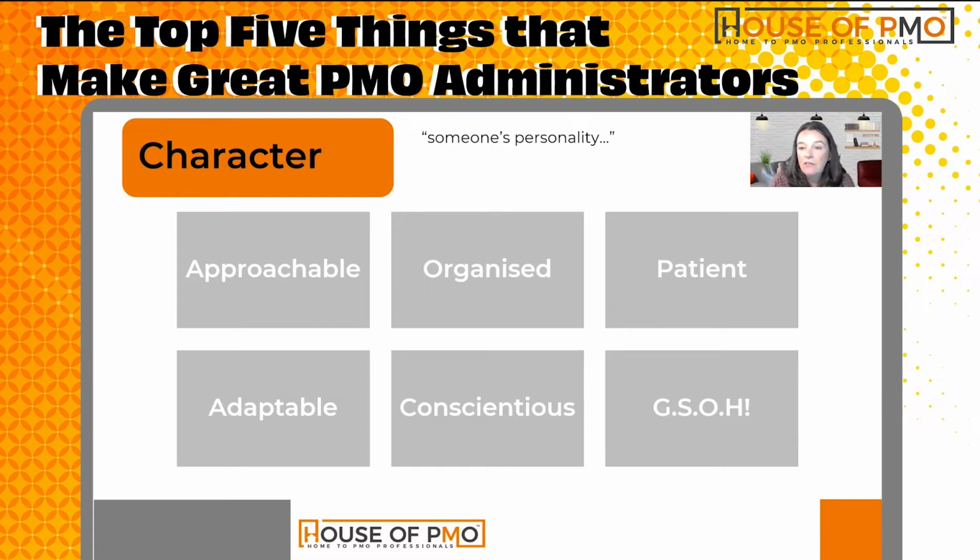You've got to show that you've got an open door and that anybody can drop by and ask about anything, no question is silly. Yes, you do have to be patient. There's a lot that goes on in projects that could test the patience of many of us. But it's the role where you are the one that's got to remain calm, and that steadiness as well.